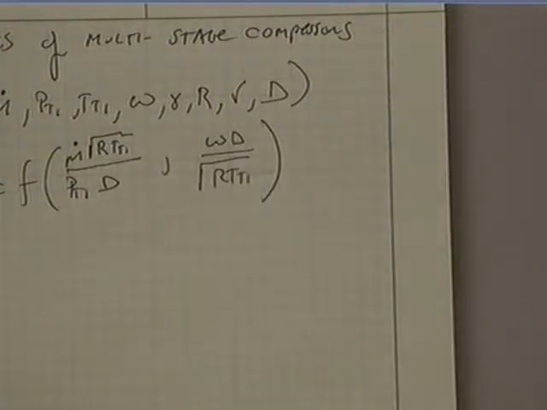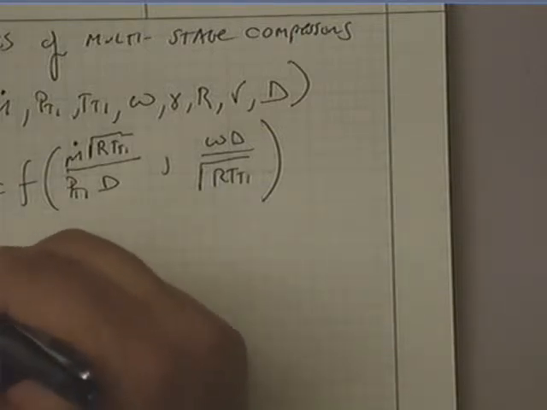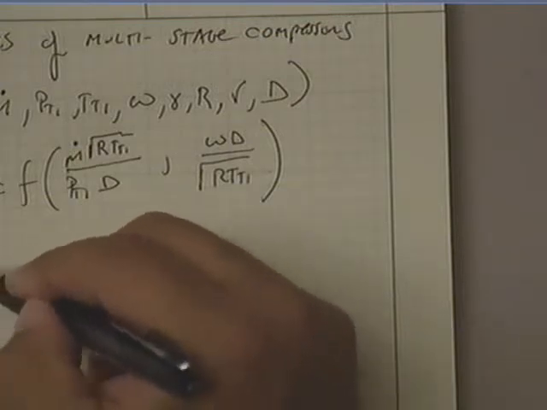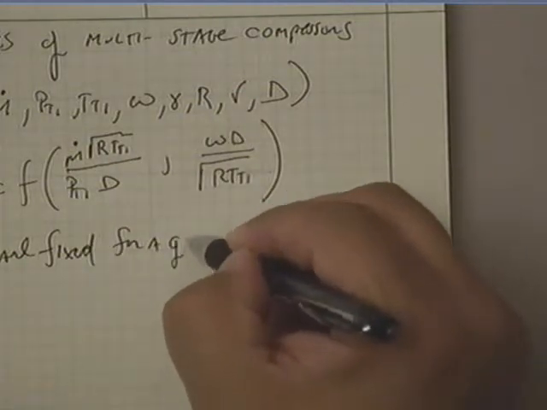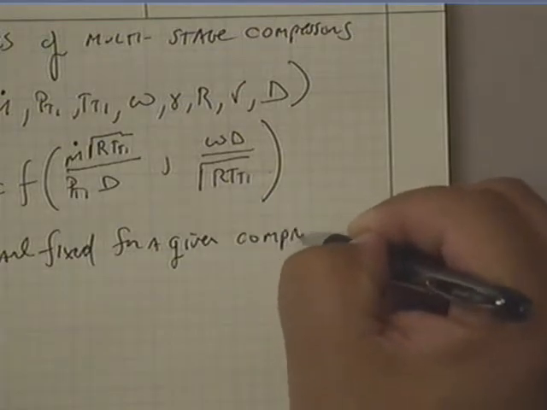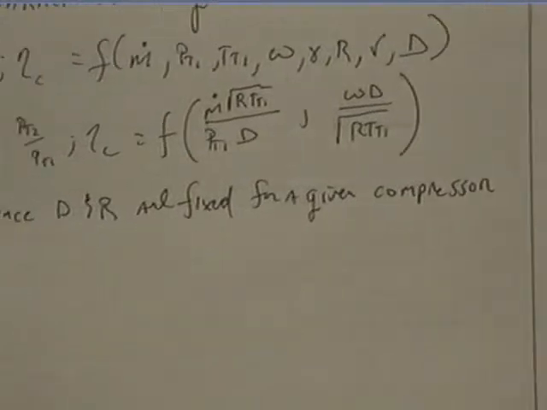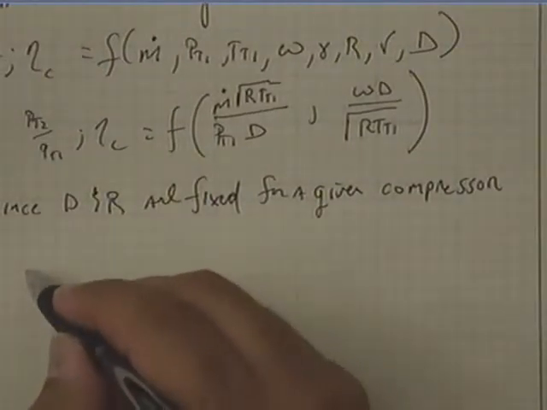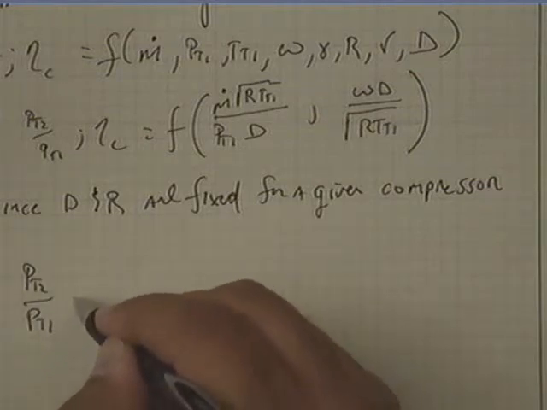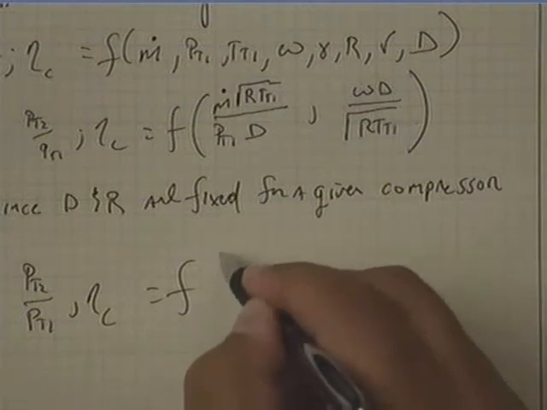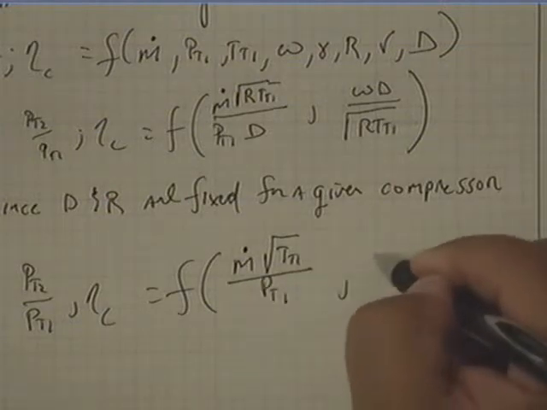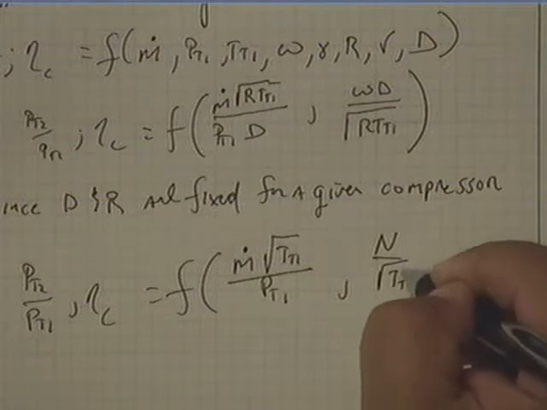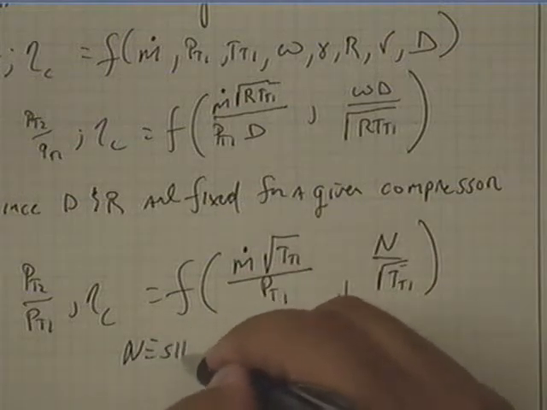Since D and R are fixed for air for a given compressor, we can write PT2 over PT1 and the efficiency as functions of m dot square root TT1 over PT1, and N over square root of TT1, where N here is the shaft speed.